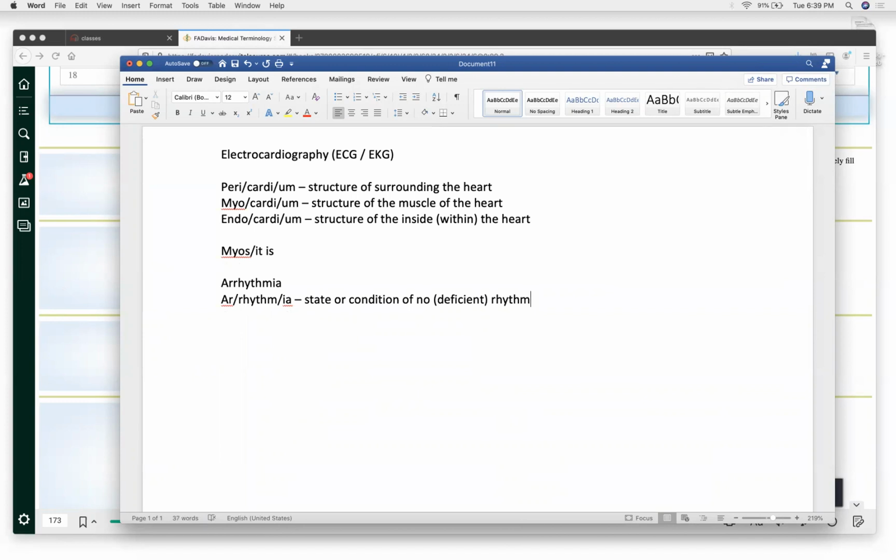When it starts skipping all over the place, or even if it's too fast or too slow, that's an arrhythmia. Now, if it's really abnormal, a similar word would be dysrhythmia. Okay? You can see how you can easily mix and match words.